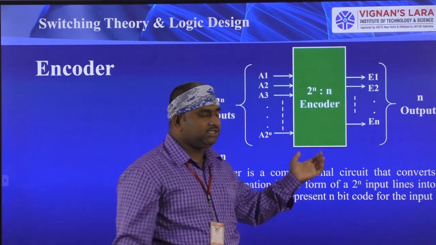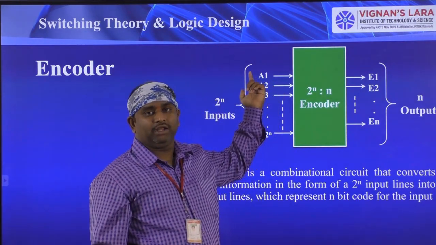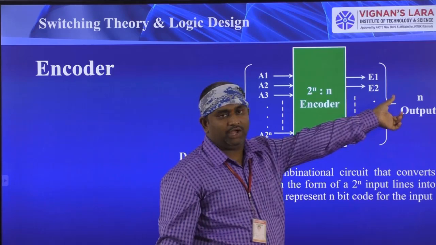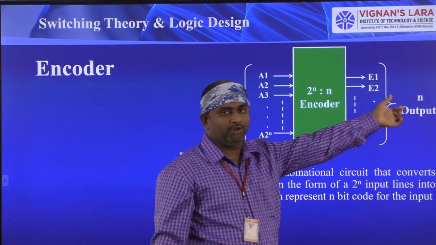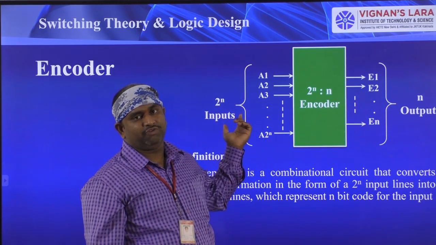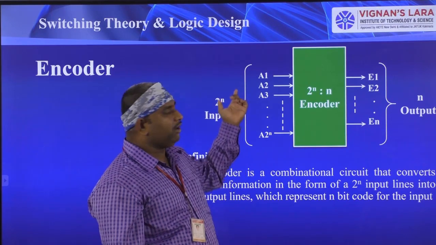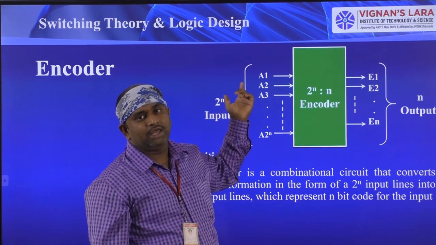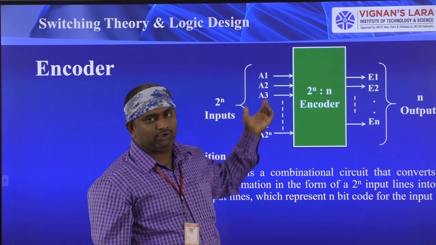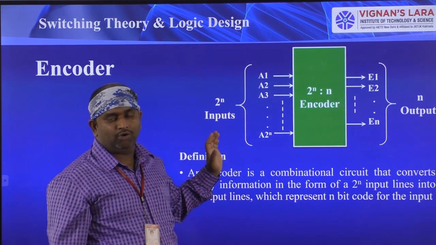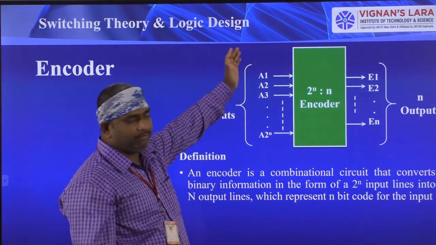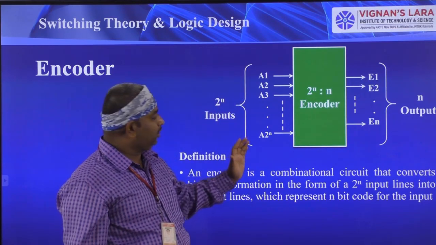Here we have 2 power n number of informations, and n number of output information. Generally, the input side information we represent with A0, A1, A2, A3, or E0, E1, E2, E3, or E1 to En. For example, here you have 2 power n number of information, starting from A1 to A 2 power n.